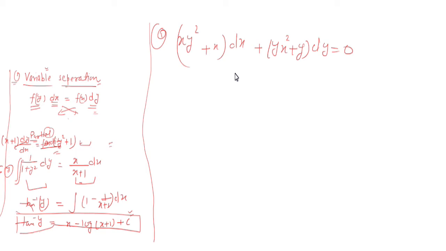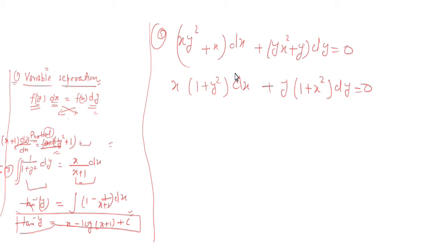So first your observation must be whether you can separate these variables on different sides. If you see this equation, you can take x common and you will get this term, plus here you take y common and 1 plus x square dy equal to 0. Now it is clear that you can separate terms x and y from one another.